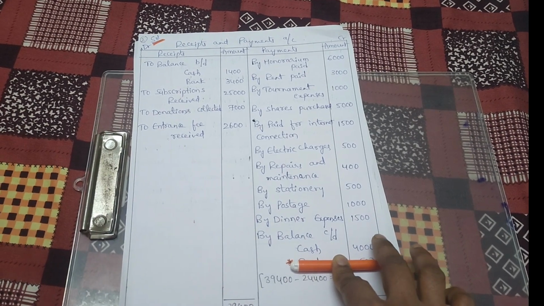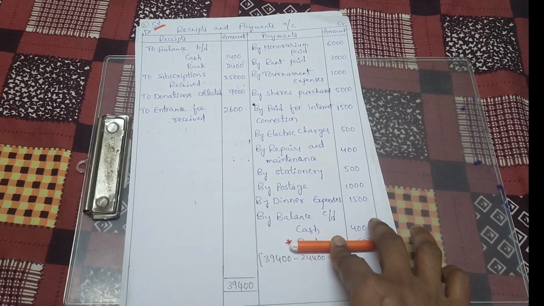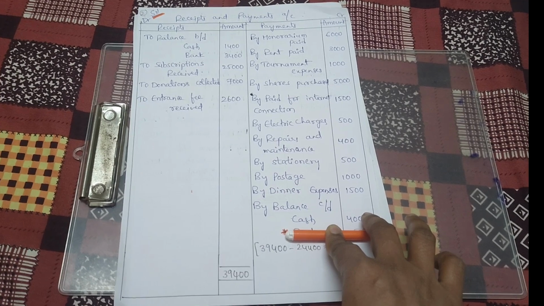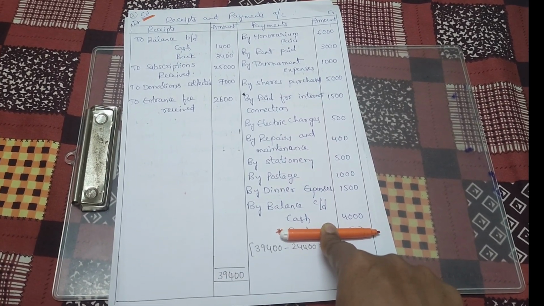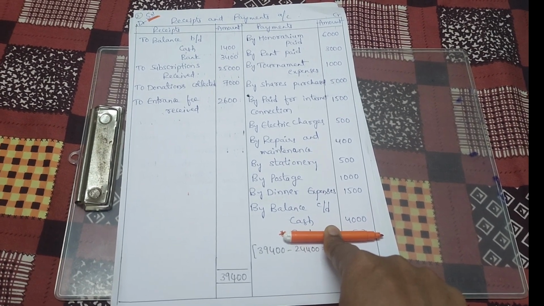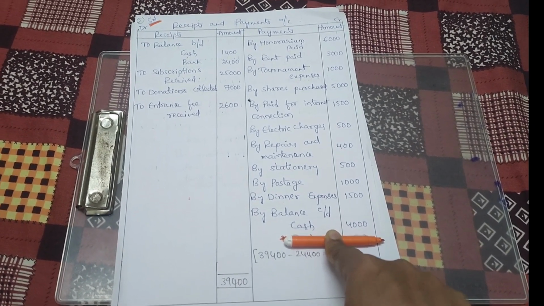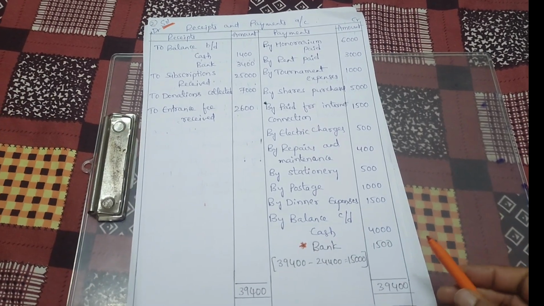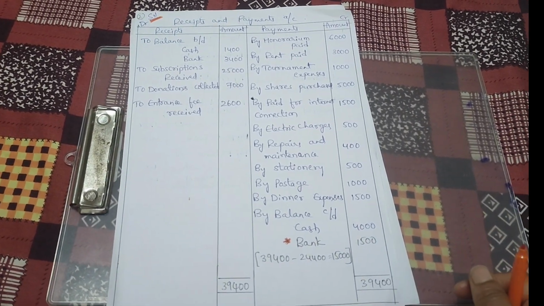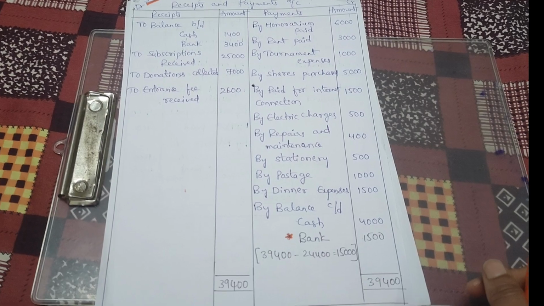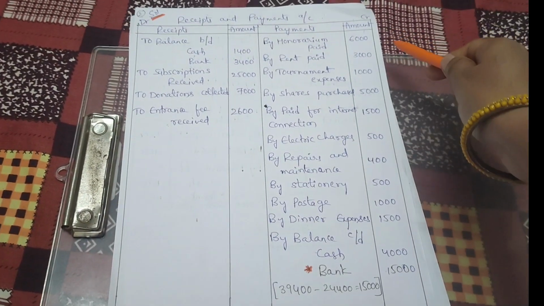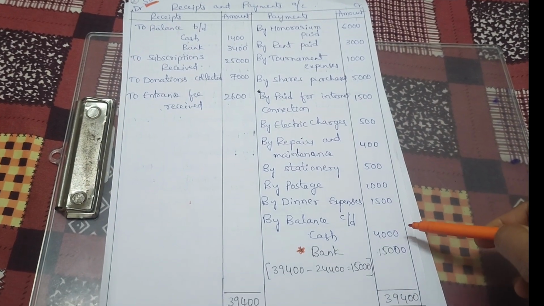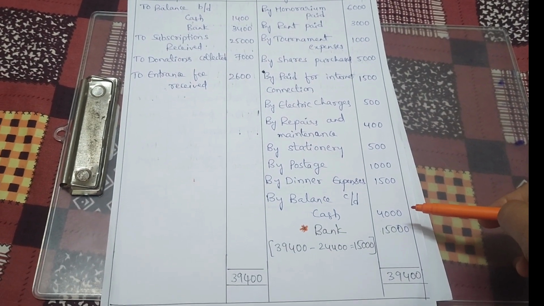Okay. And here debit side amount is more. If you add all those amounts, you will get some amount. So here debit side amount is 39,400. Okay, and credit side amount, if you add all these till 4,000, you will get 24,400.